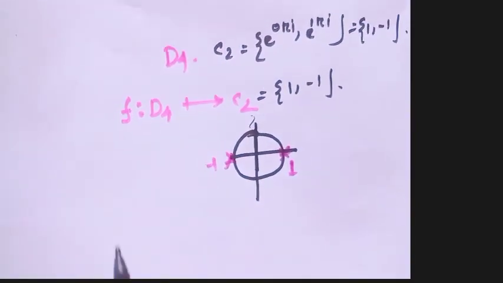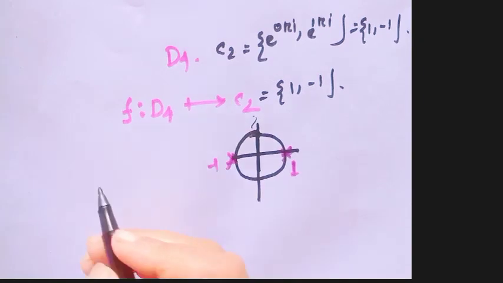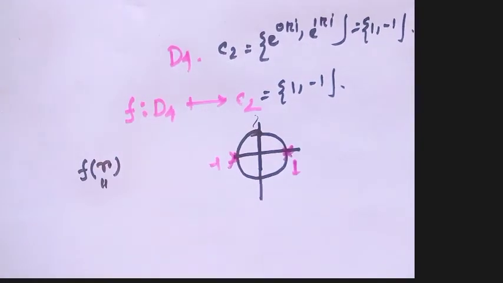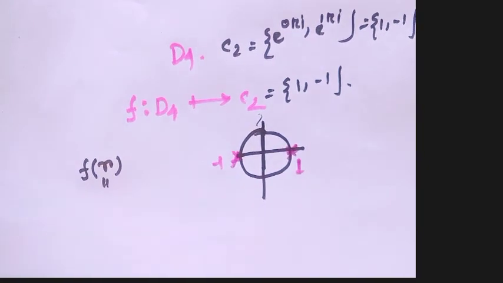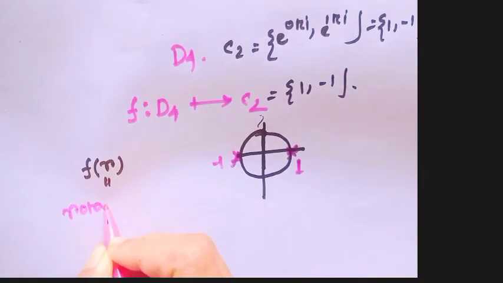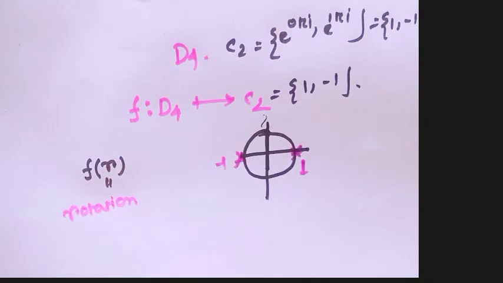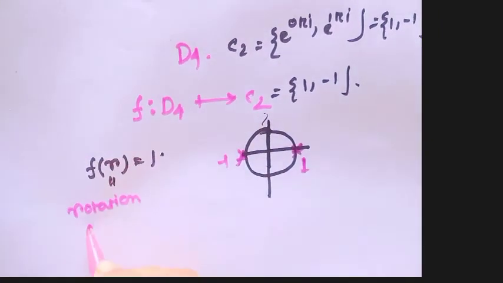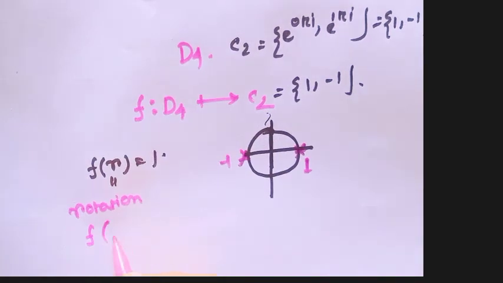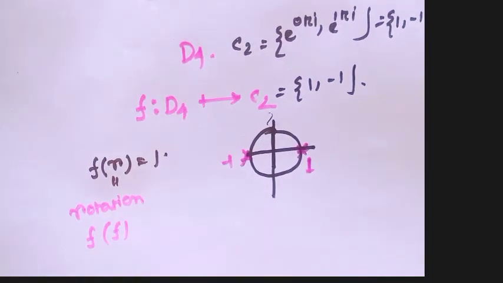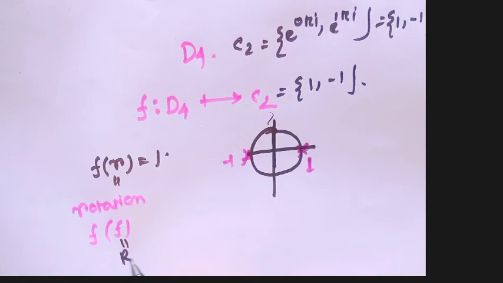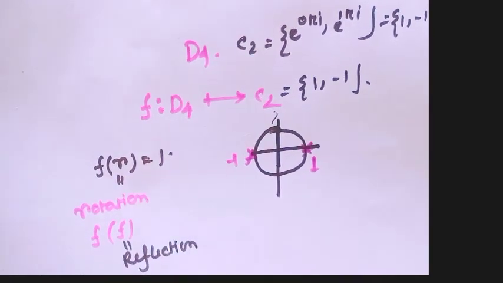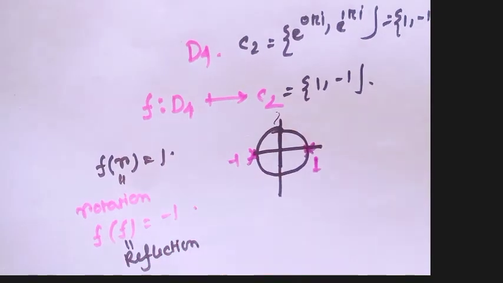And the homomorphism is defined by f of r, where r is a rotation: all rotations map to 1, and all reflections, f of f where f is a reflection, map to minus 1.